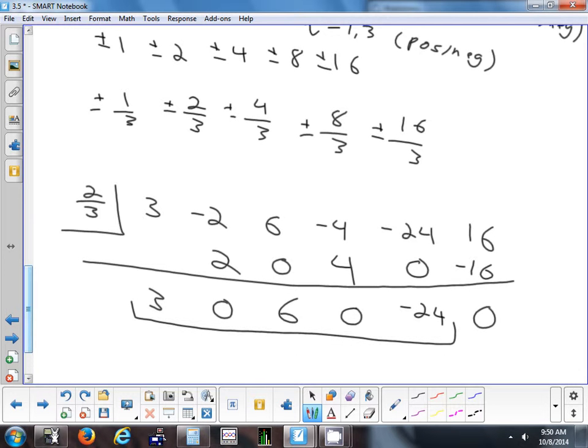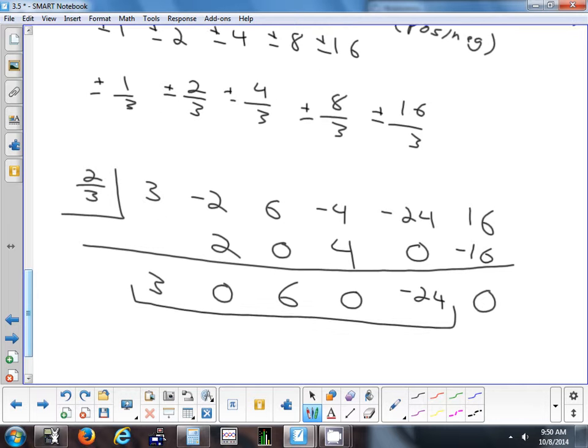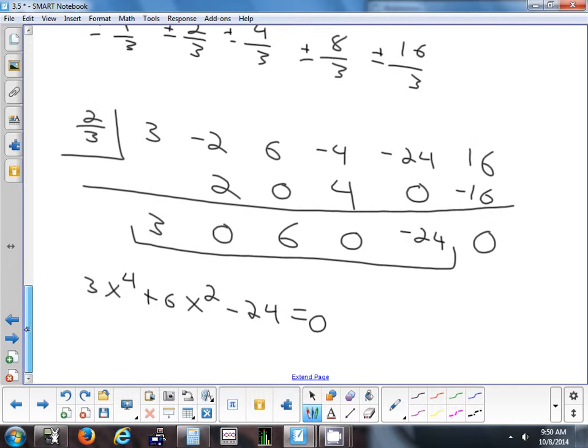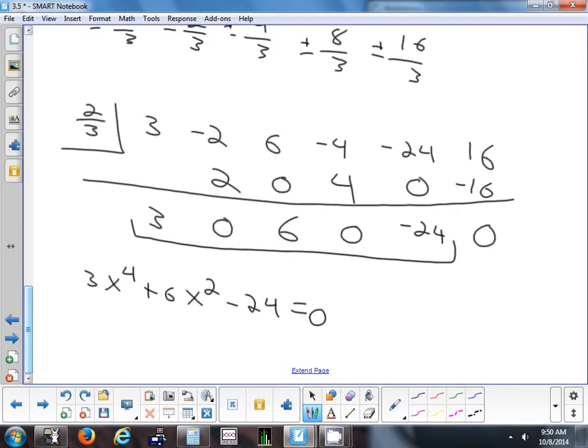Now, look at the quotient you're left with. 3x to the constant, linear, quadratic, cubic, quadratic. So 3x to the fourth plus 6x squared minus 24. Okay, so off to the side, we can start making our list of roots.